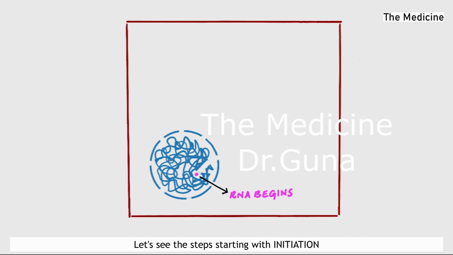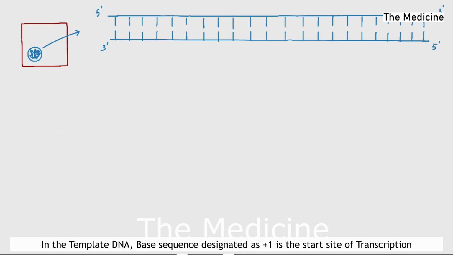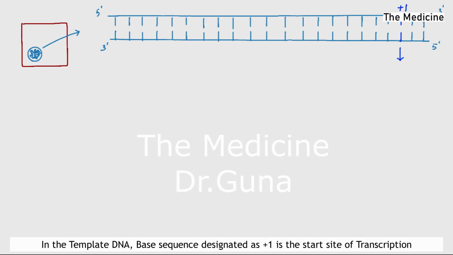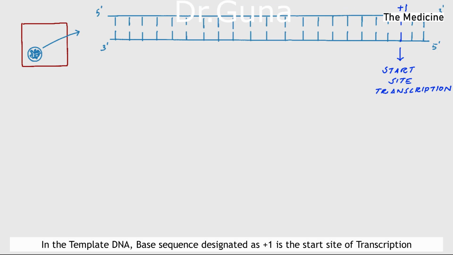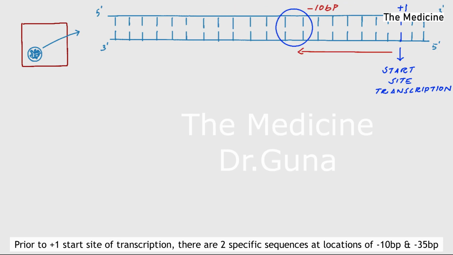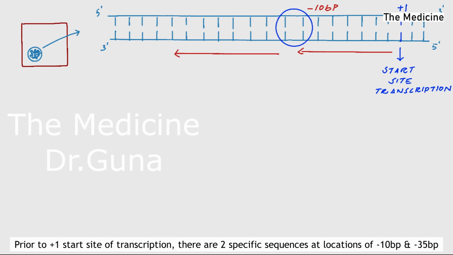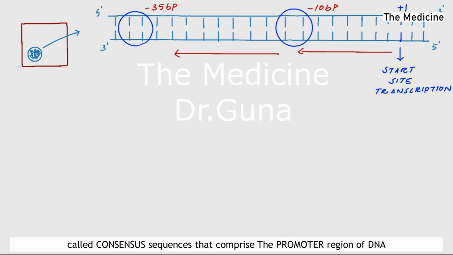Let's see the steps starting with the initiation. In the template DNA, base sequence designated as +1 is the start site of transcription. Prior to the +1 start site of transcription, there are two specific sequences at locations of -10 BP and -35 BP, called consensus sequences that comprise promoter region of DNA.